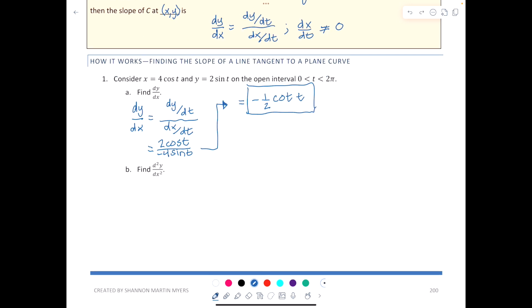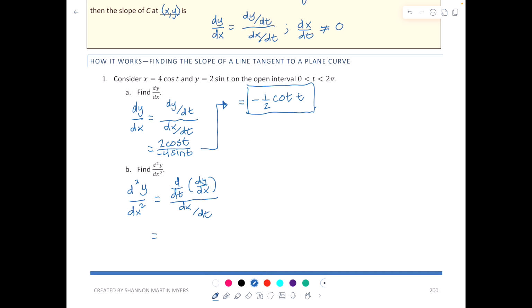Now, finding the next derivative, we'll have d squared y over dx squared. Remember, that was equal to d dt of dy dx, which we found in the last one, over dx dt.